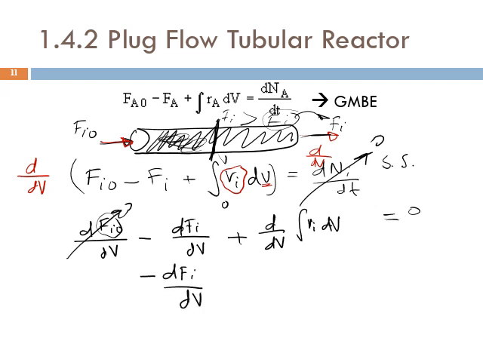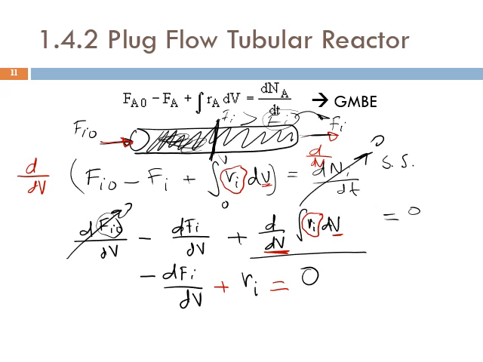Okay, let's take again this term, where we have the function Ri. First we integrate with respect to volume, then we derive it with respect to volume, correct? So the function stays as is, because it is first integrated with respect to V, then derived again with respect to V. So it stays the function as is, and equals 0.